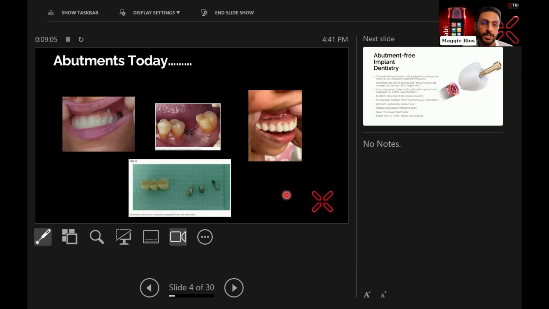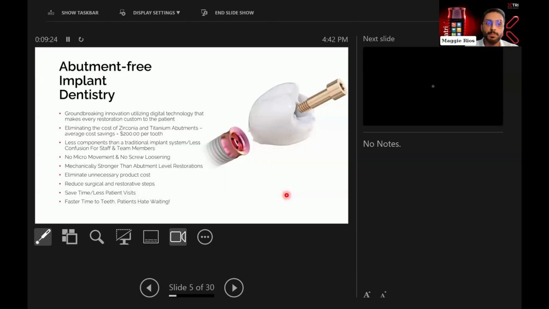There are times that your abutment is exposed, or it doesn't look the way that you like it. Or in the middle picture, as you can see, the temporary pieces are debonded. So you have to go through the pain again and do a lot of work to get that fixed up.